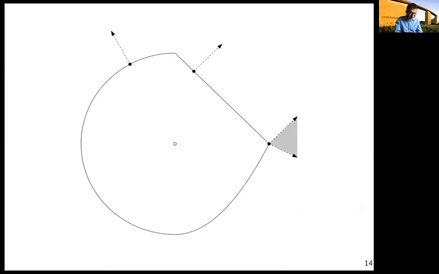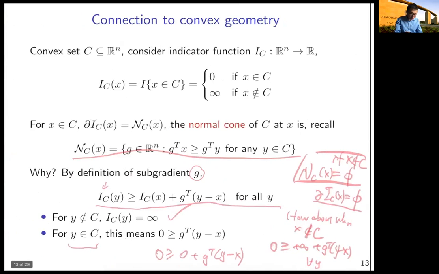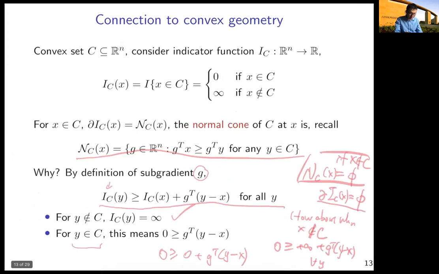We can clearly see this from the illustration that we had early on about the normal cone.